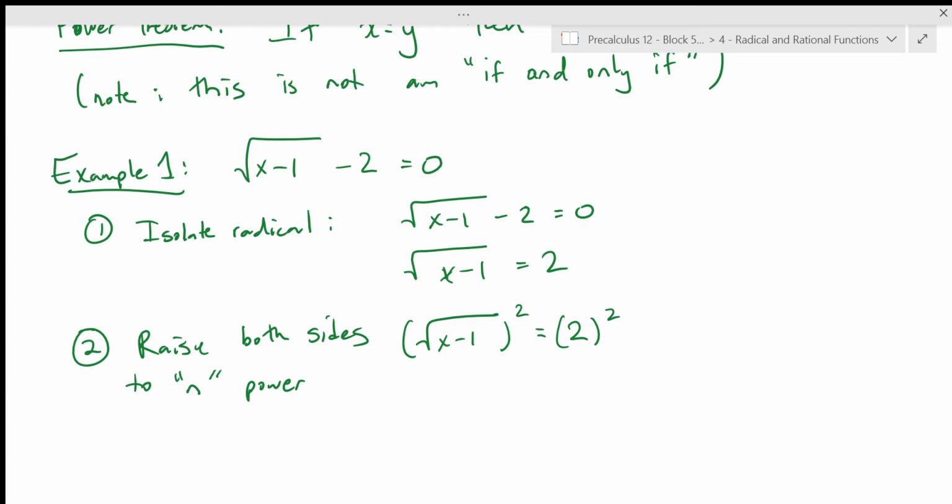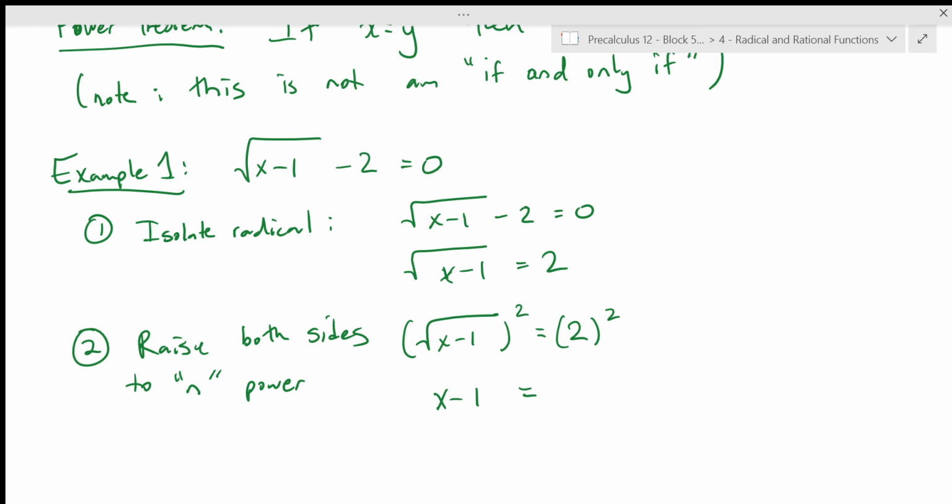That might be a little annoying, especially when we get to things like the next problem, but it's necessary because we are squaring the whole left-hand side of the equation and the whole right-hand side of the equation, because those are the things that equal each other. Squaring a radical gives me what's underneath, which is x minus 1.